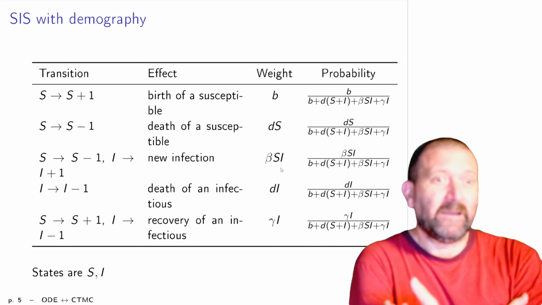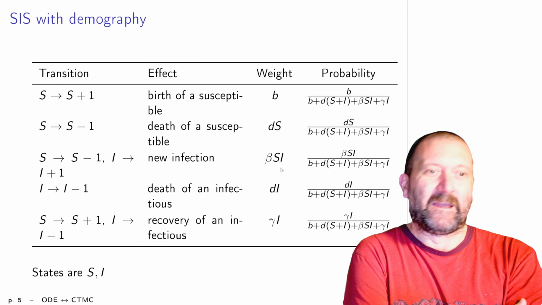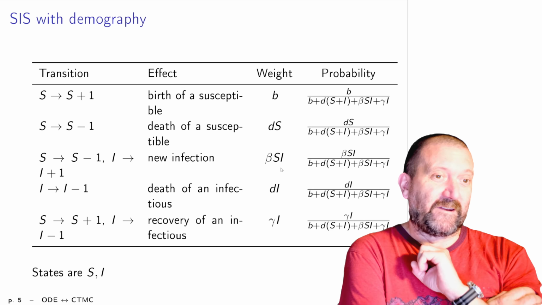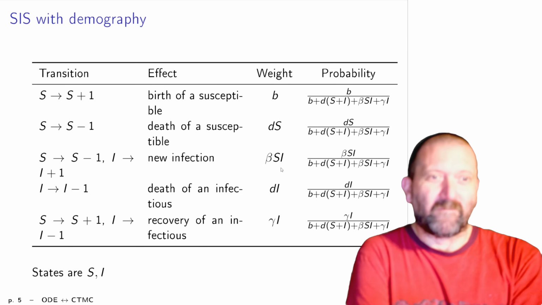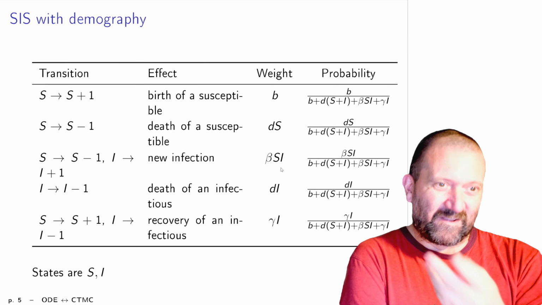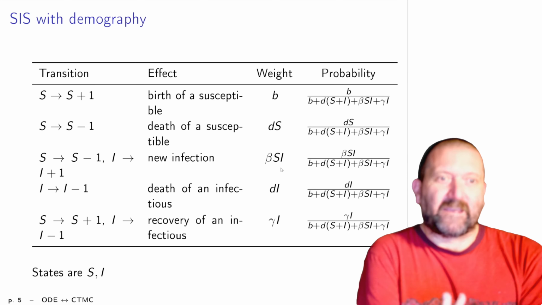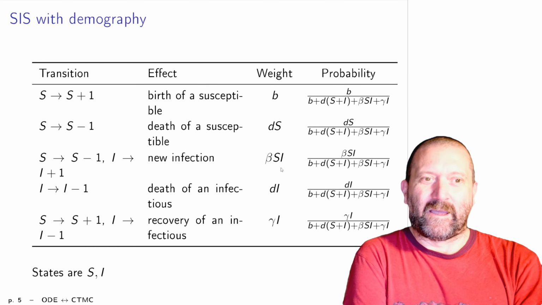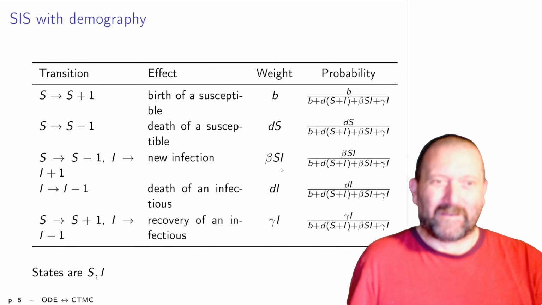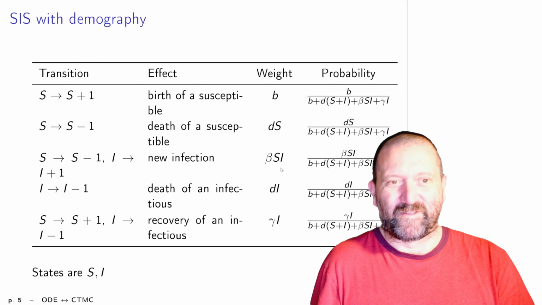In the ODE you have a rate of change of a population in S, for example, and that means the population in S is a continuous, non-negative real valued variable, whereas here we have integer valued variables, which, if you're counting individuals and the like, is actually a very good thing to have. Individuals are not fractions of individuals, they are actual numbers.